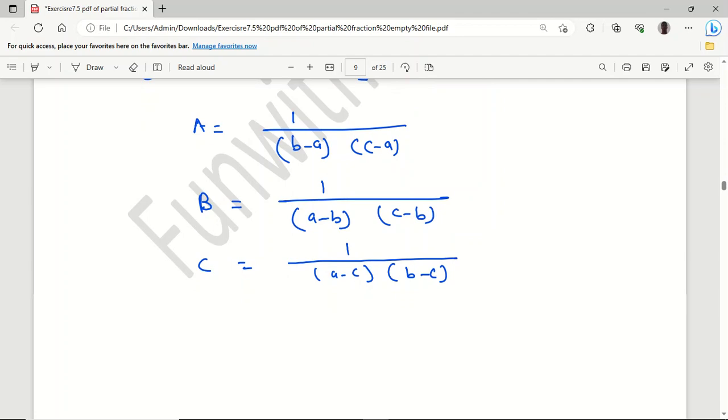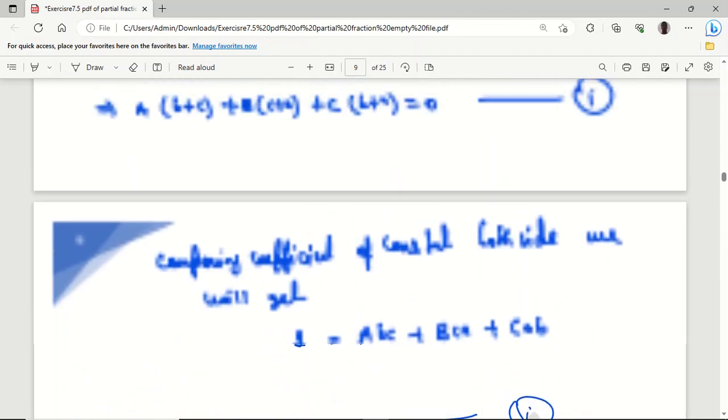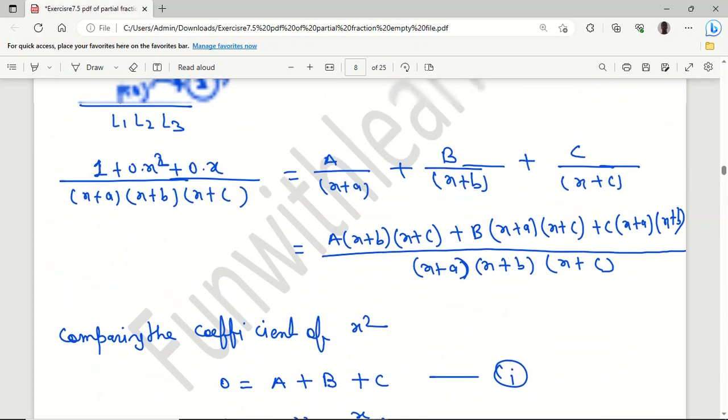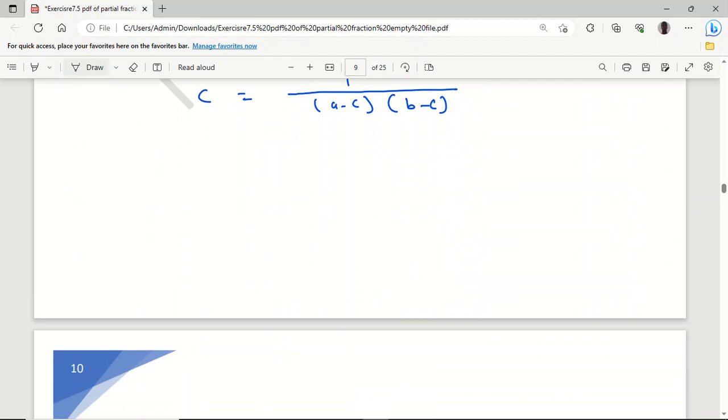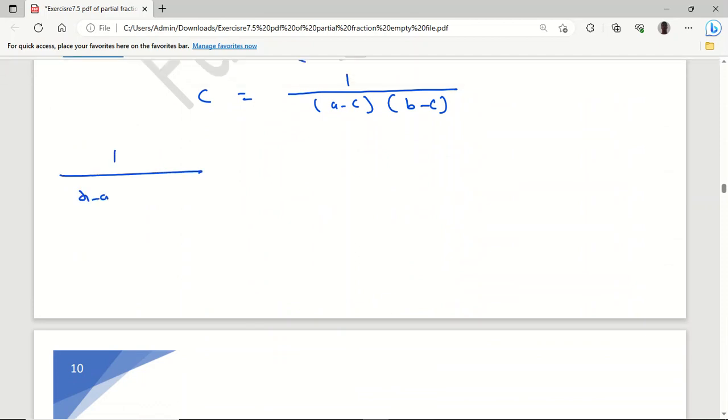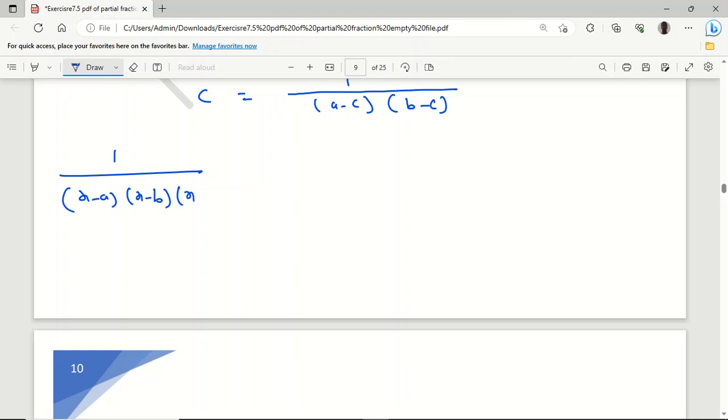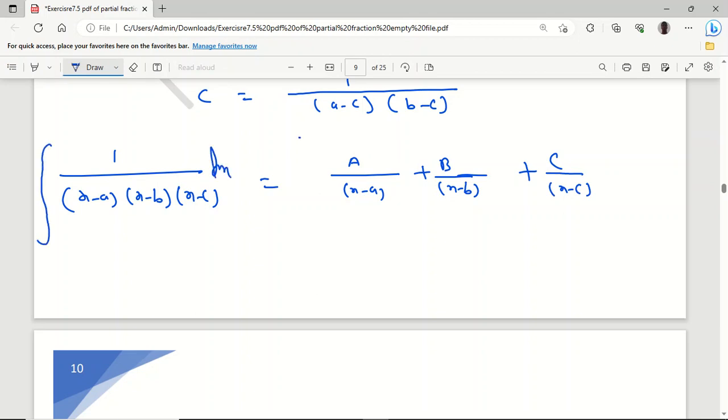So now since we have the values of capital A, capital B and capital C, we can directly put them, and then we will get the partial fraction of the given expression. So 1 upon (x minus a)(x minus b)(x minus c) is A upon x minus a plus B upon x minus b plus C upon x minus c. Now if we break this into three integrations, I'll write the value of A outside.